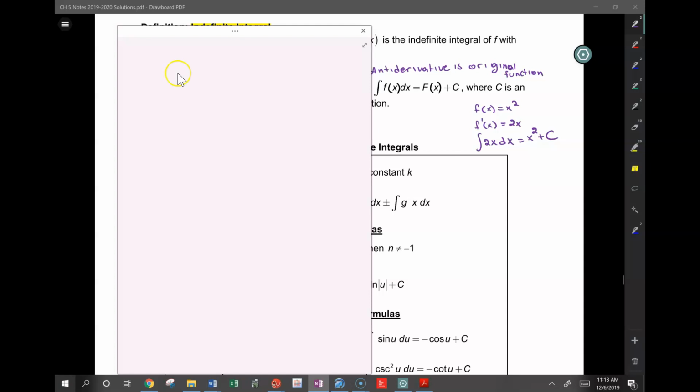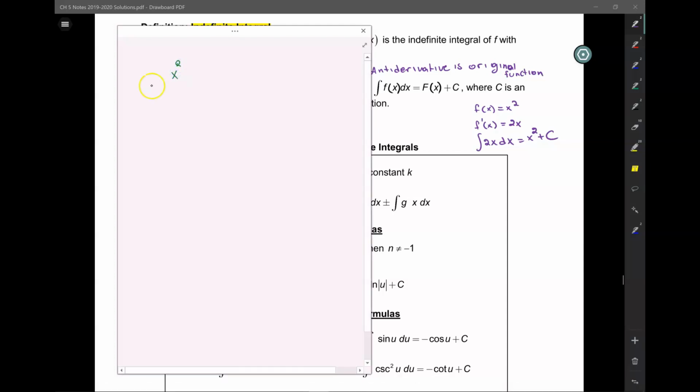If I have x squared and I take a derivative, what do I get? 2x. What if now I have g is x squared plus 3? What's g prime? 2x. But you lose the plus 3. What if I have h of x equals x squared minus 7? h prime is 2x.